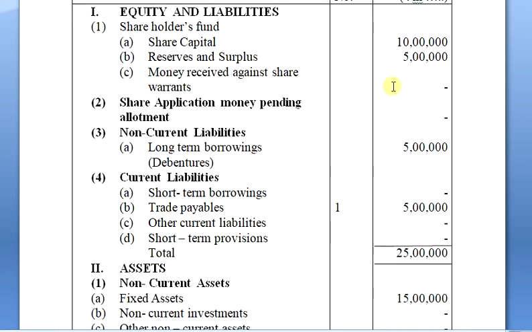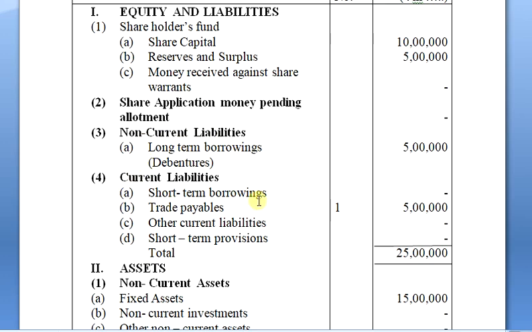It's very easy when you know the heads, equities and liabilities as well as the assets head, you will be easily posting the transaction. Whatever the amount is given in the question, the same we need to put in the solution. See here, equities and liabilities, under shareholders fund: share capital, reserves and surplus, money received against share warrants, share application money pending allotment. Next is non-current liabilities, under which long-term borrowings, that is debentures.